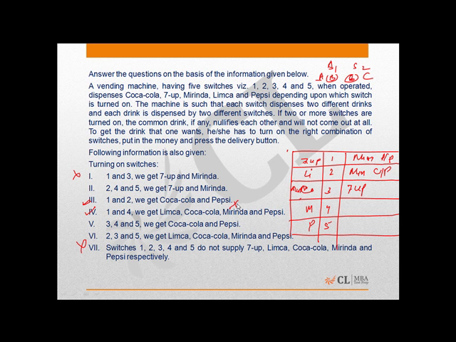The drinks dispensed by switch 1 are Mirinda and one out of Pepsi and Coke. So from here Limca must be one of the drinks that comes out of switch 4, and the other drink that comes out of switch 4 is Coke or Pepsi.